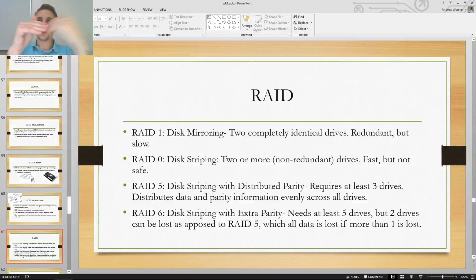So if you lose one of the drives, it continues to run without interruption. But obviously you lose the second drive and it doesn't run anymore. Disk striping, RAID 0, 2 or more non-redundant drives. They basically increase the amount of space that you have. So if you have two 100 gig drives and you use RAID 0, you'll have 200 gigs of space. But if you lose any drive, you lose all your data.